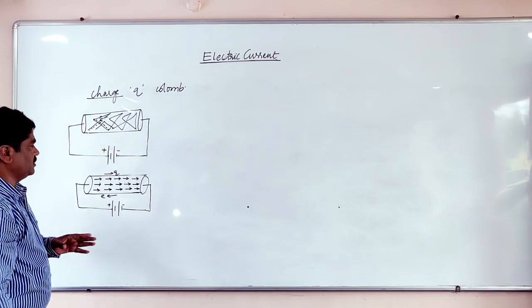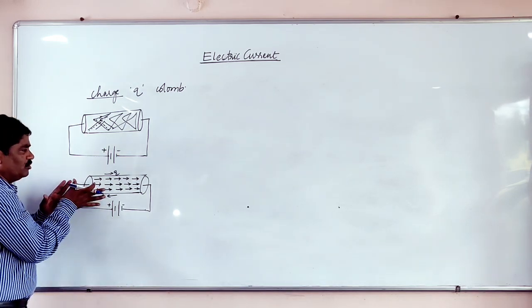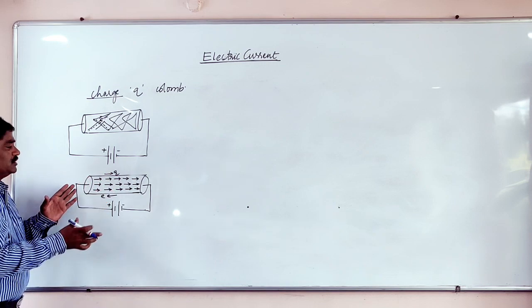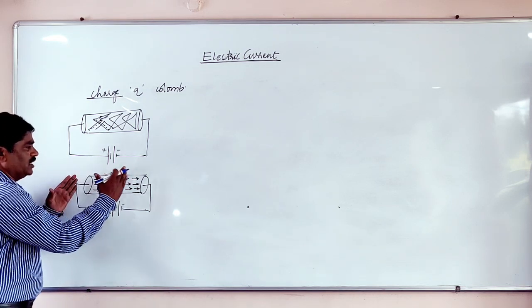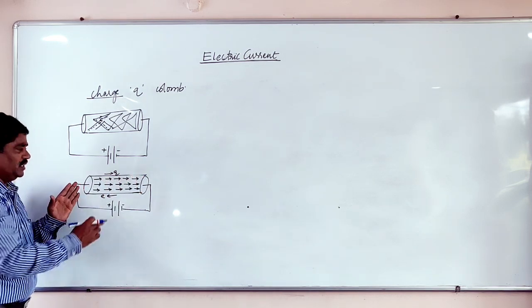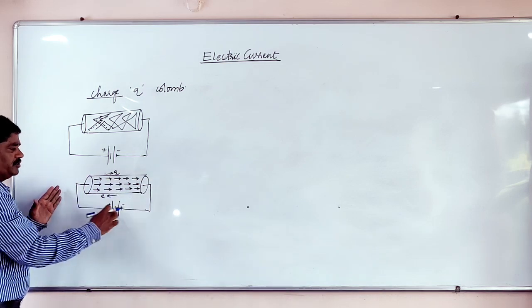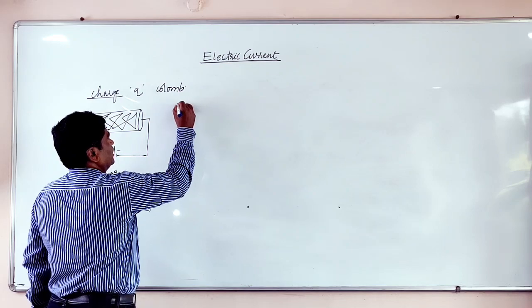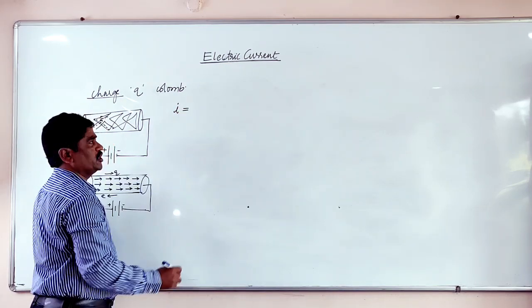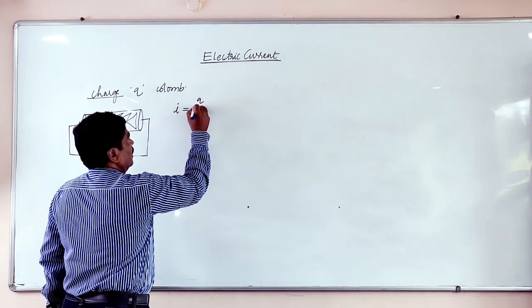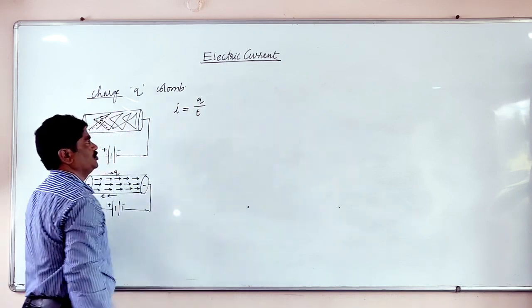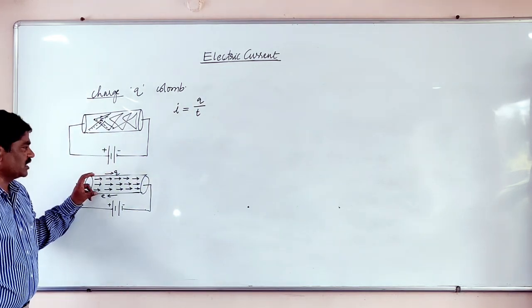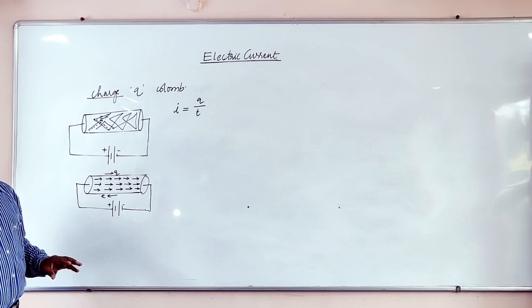Now electric current can be defined based on this charge flow. Charge flows from one end of the conductor to the other end, in a cyclic process. In this way, electric current is denoted by I, which is defined as the rate of flow of electric charge through the cross section of the conductor.